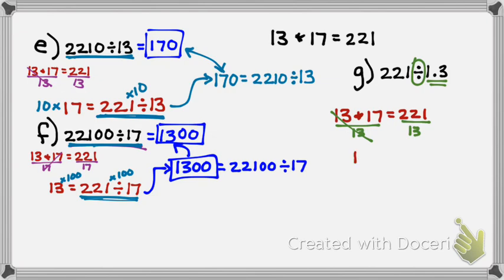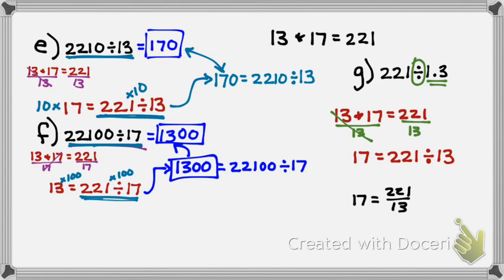All right. So I would have 17 equals 221 divided by 13. What would I need to change about the right-hand side so that it looks exactly like this side? I need to divide the 13 by 10. So here's where it gets a little bit weird. I'm going to write down another way of looking at this.